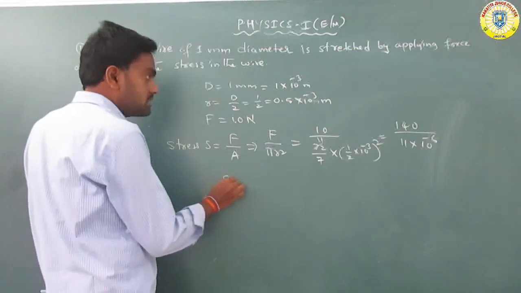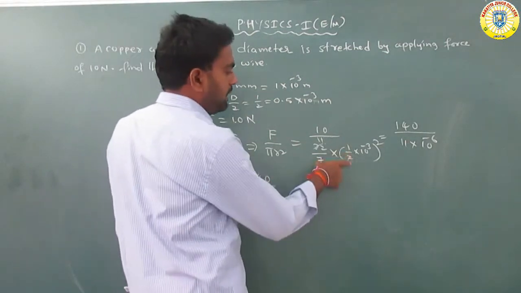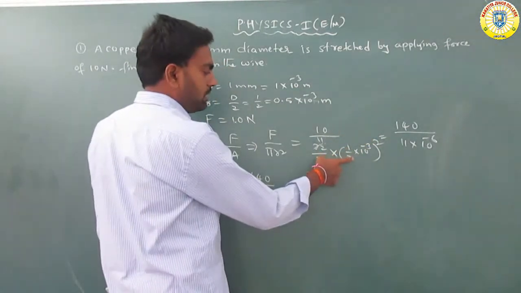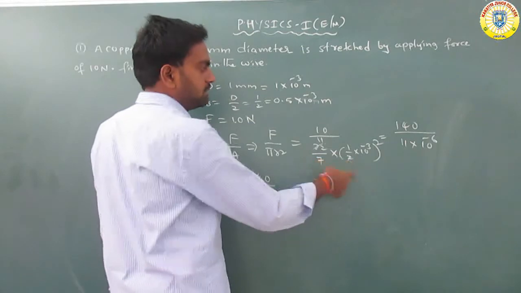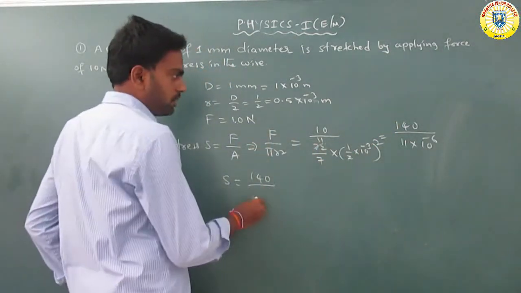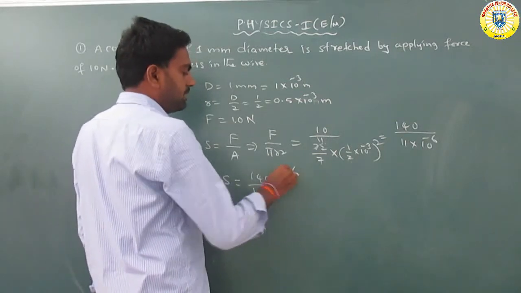So stress S is equal to 140 by, here given, 1 by 2 square, which means 1 by 4. So 140, the remaining 2 is cancelled, giving 11. So 140 by 11 into 10 to the power of 4 plus 6.